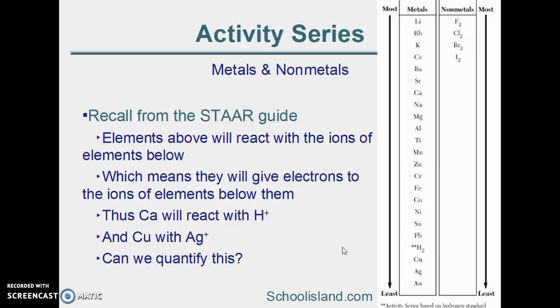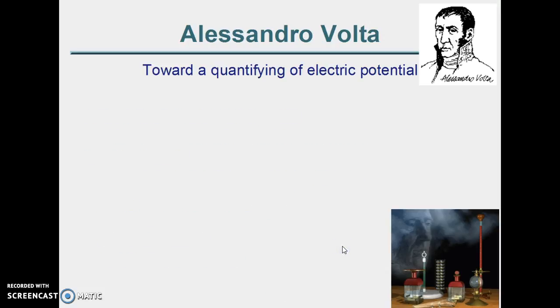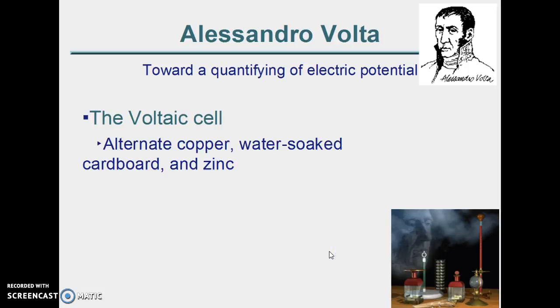Now, can we quantify this reaction? Well, Alessandro Volta gave us the method for doing that, and he created something called a voltaic cell. What he did was he alternated strips of copper, water-soaked cardboard, and zinc.